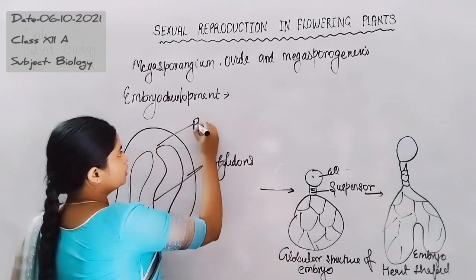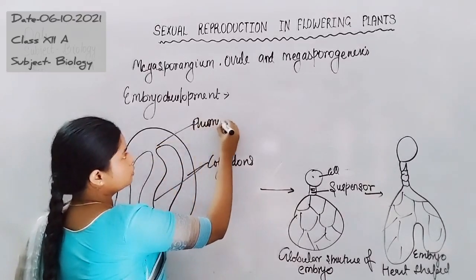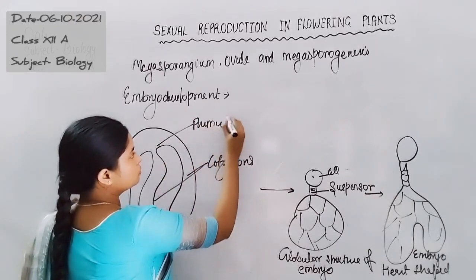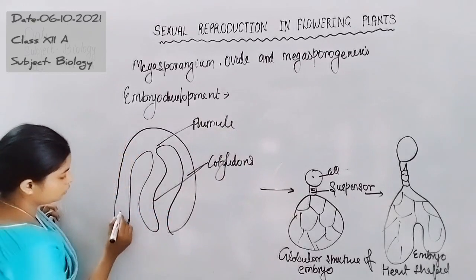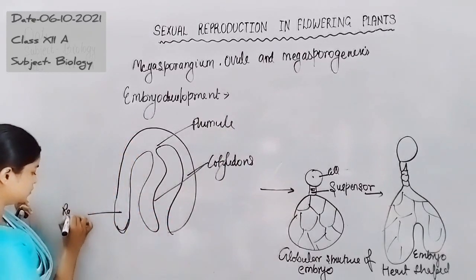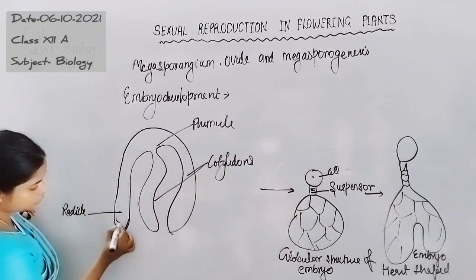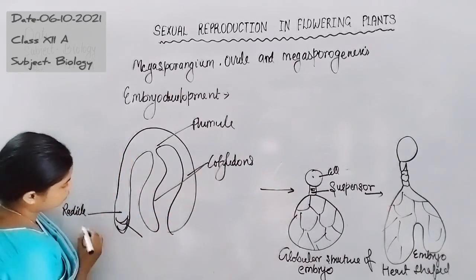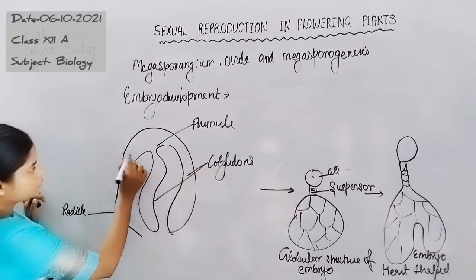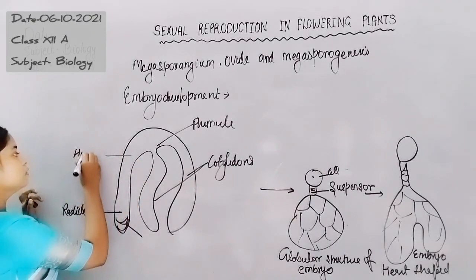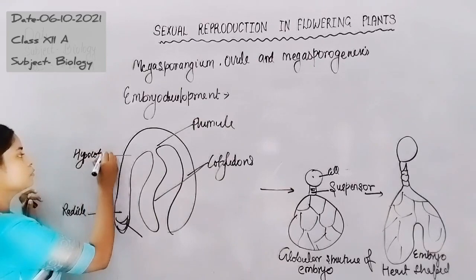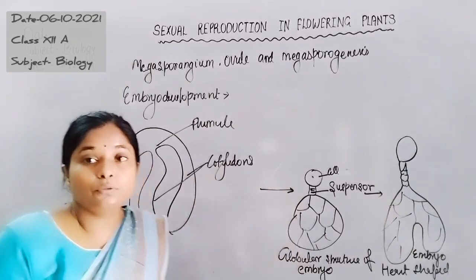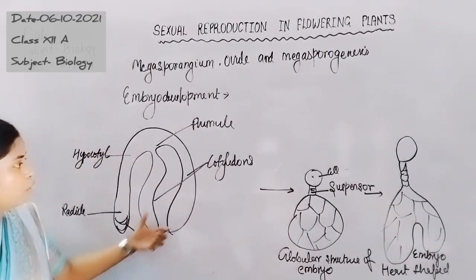The plumule region, then the radicle, the hypocotyl: plumule, radicle, cotyledon.